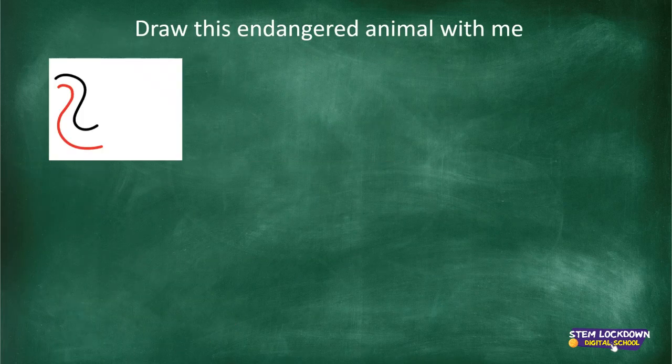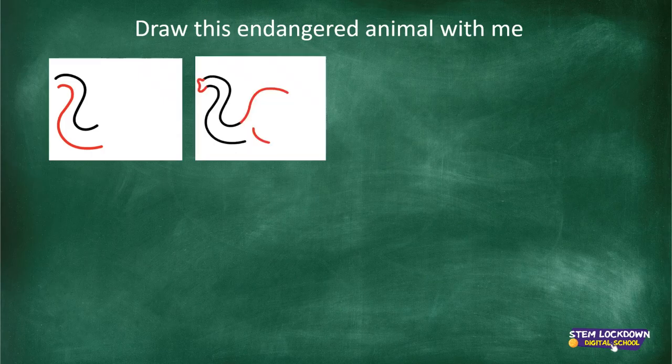So, let's start off by drawing those 2 squiggly lines. I'm also going to be drawing on this side just to make sure that the instructions are correct. So draw your 2 squiggly lines. Okay. Then add the next little pieces that are shown in red.